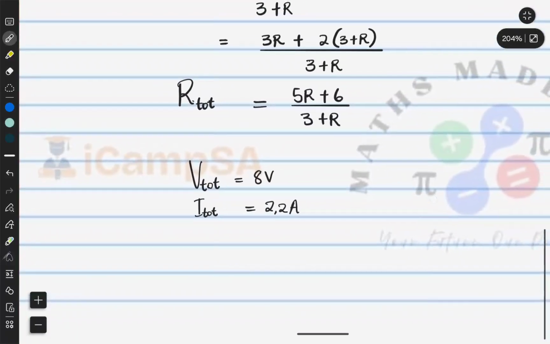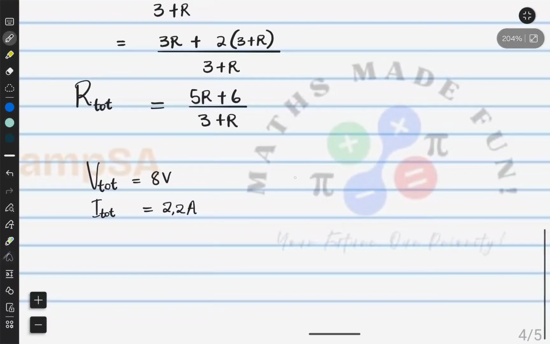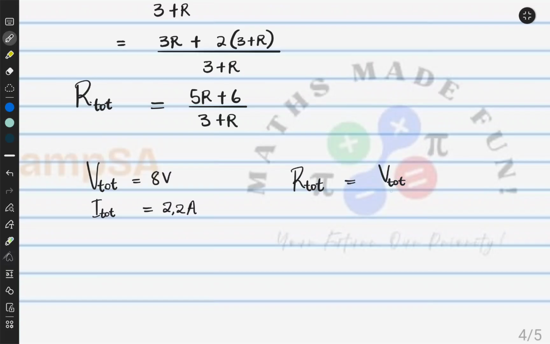It means that I can say R tot using Ohm's law is equal to V total over I total. If you check from here, I would be able to solve for my R, because on the right hand side this would give me a value, and then I would be able to solve for R. Let me show you how it looks.